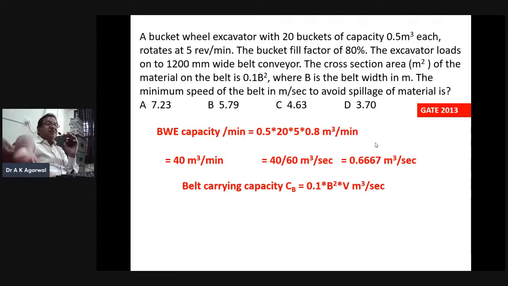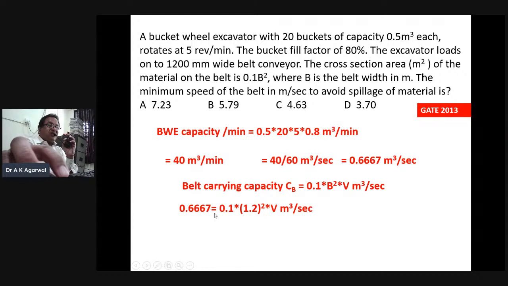Now belt carrying capacity: the cross section of the material on the belt is 0.1 B square, where B is the belt width, into velocity in meter per second. So this is meter square into meter per second, it becomes meter cube per second, which will be the capacity of the belt, in meter cube of rock or coal per second. Let us put all these values here. V we have to determine. Both the belt capacity and the bucket wheel excavator output should be the same.